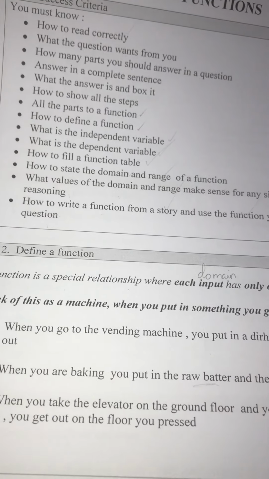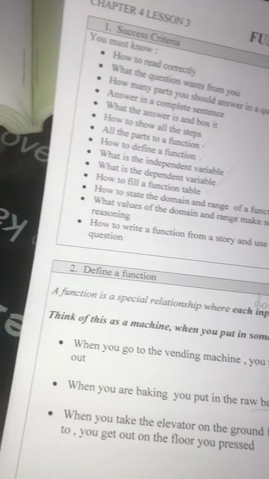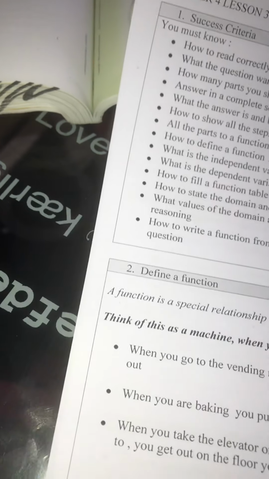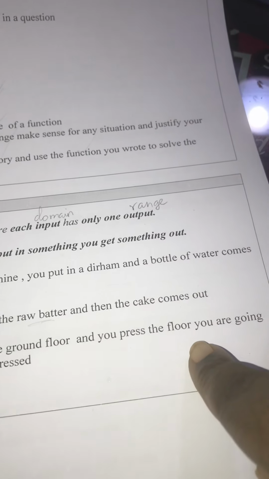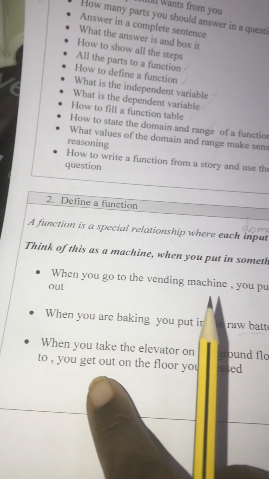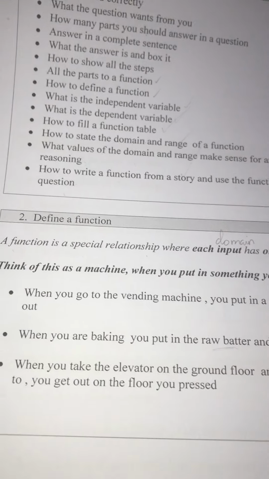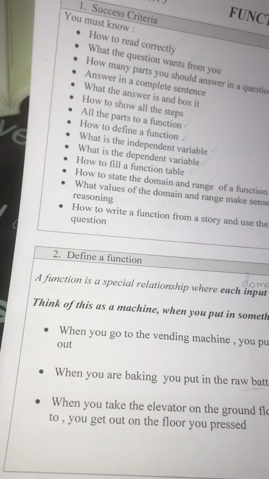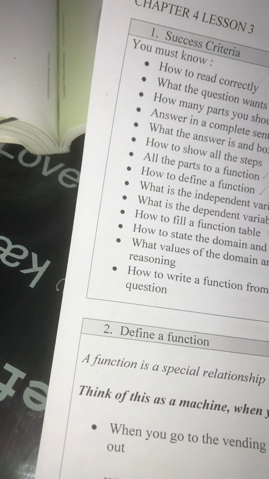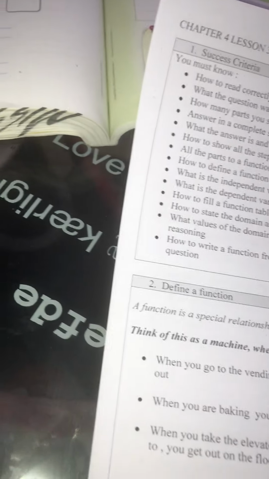If you press 3, you get out on the 3rd floor. If you press 7, you get out on the 7th floor. Okay? Like that. So when you take the elevator from the ground floor, you press the floor you're going to, you get out on the floor you pressed. So I have said functions are machines. Think of them like that. You give it something, it gives you something out. Okay?